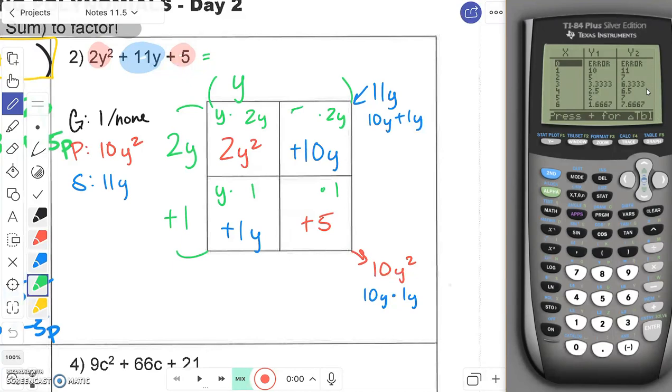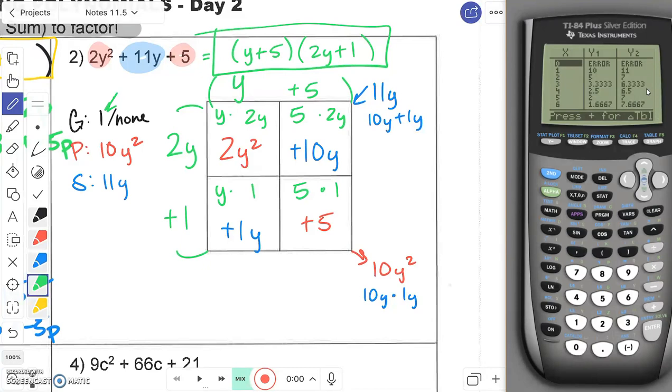Well, 5 times 2y would give me 10y, and 5 times 1 would give me 5. So I'm going to bring out a positive 5 into my parentheses. There's no greatest common factor, so I'm just using the parentheses. Y plus 5 and 2y plus 1 are my factors.